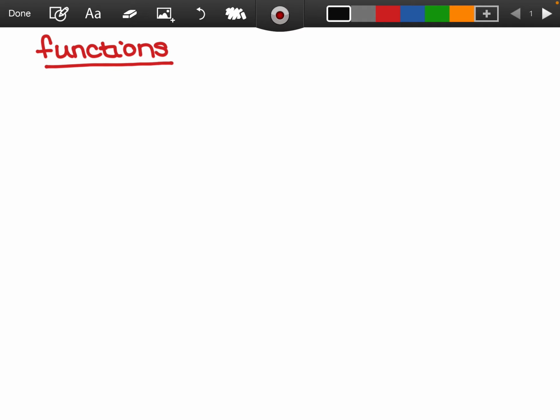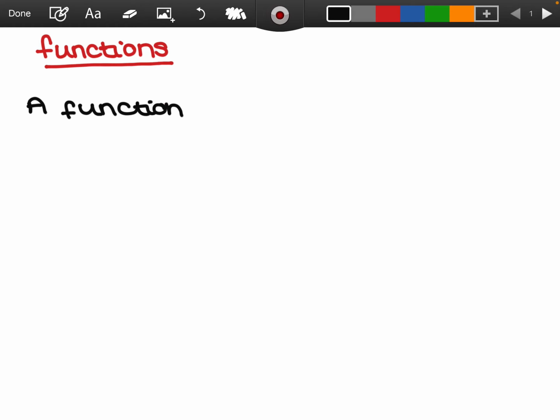So the first thing is, what is a function? How do we define what a function is? A function is just basically a pairing between two sets, but we have an additional property that has to be satisfied in order for this pairing to actually be a function.